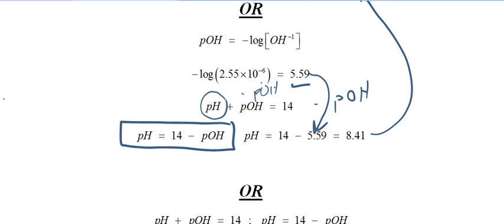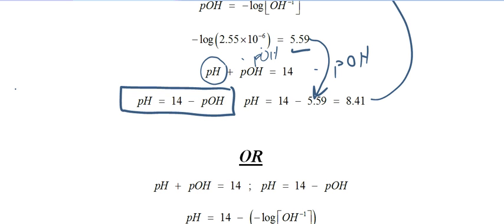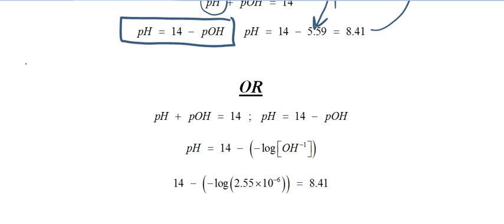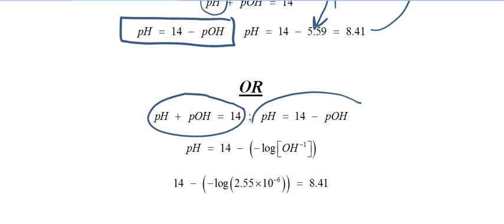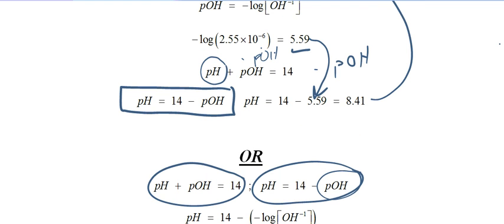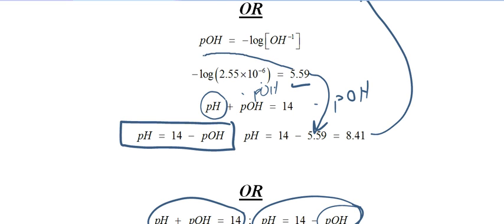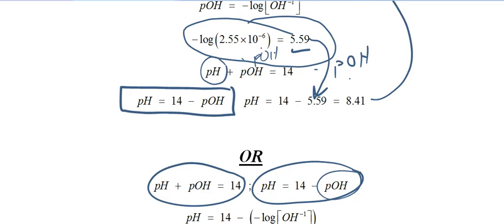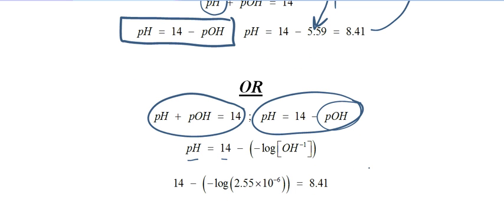All right. So the other way that you could do this is realizing that you know that the pH plus the pOH is equal to 14. We could rearrange the equation like we did in an earlier step and go right for the jugular. So we know that the pH is what we're looking for. We know we have to do 14 minus that. Now what's really cool is the pOH, which we found up above, right here, can actually be inserted into the equation.